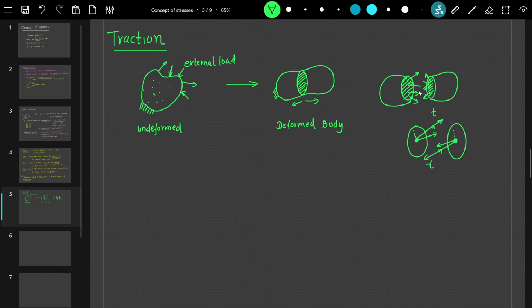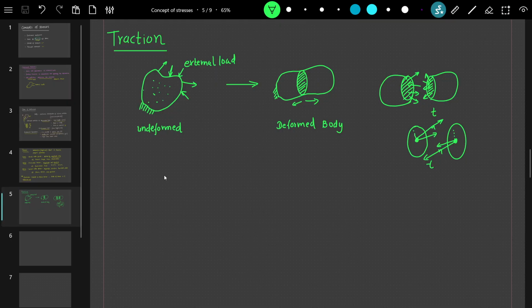So the corresponding points on the left and right hand side will have the same internal force, but in opposite direction. Remember that this internal force, not traction, we have not yet come to traction, can act in any direction. It is not always normal to the surface, in the direction of n. It can be in any direction.